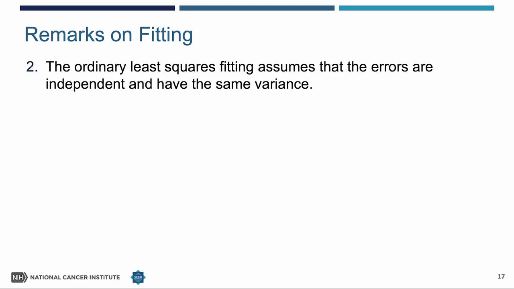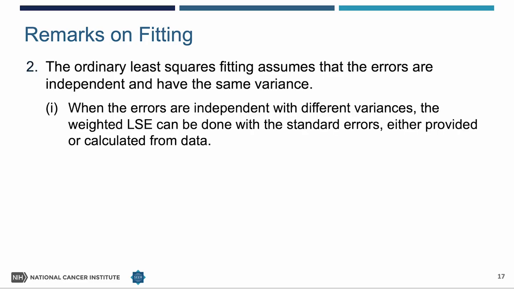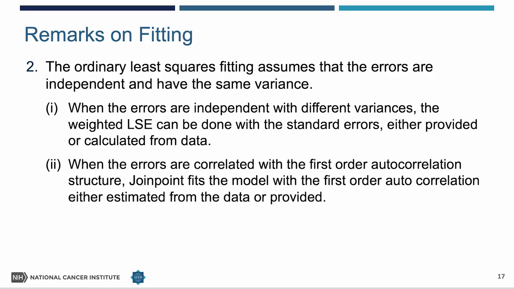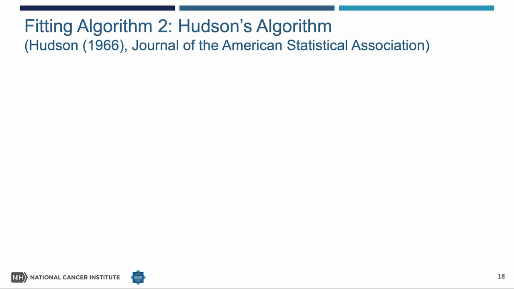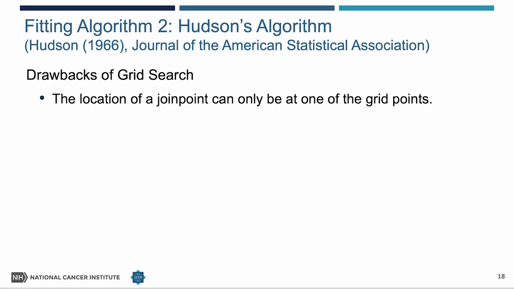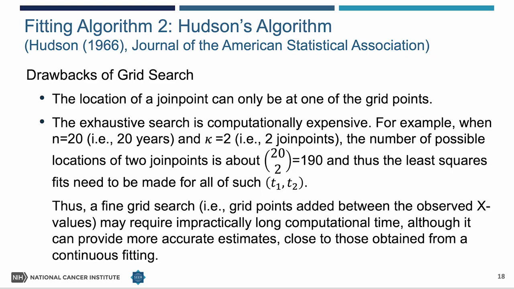Other remarks. Although the implementation of the grid search algorithm is straightforward, a drawback of the grid search is that the location of a join point can only be at one of the grid points. Also, it can be computationally expensive.